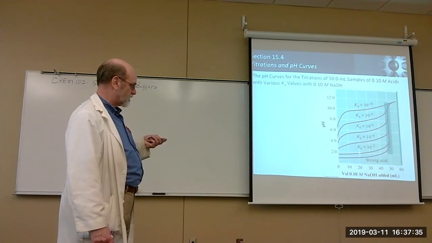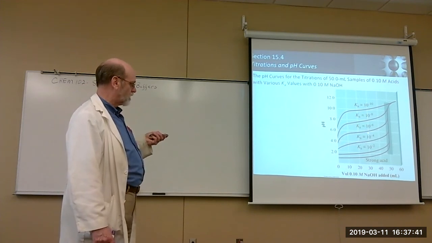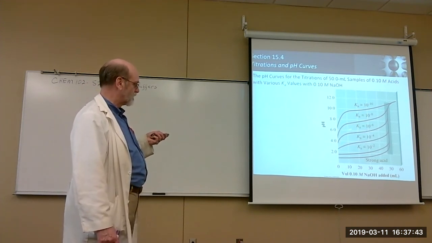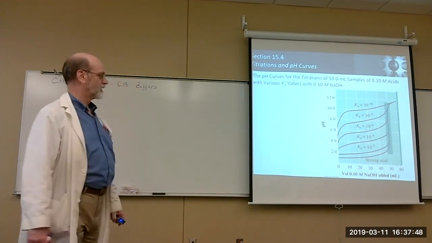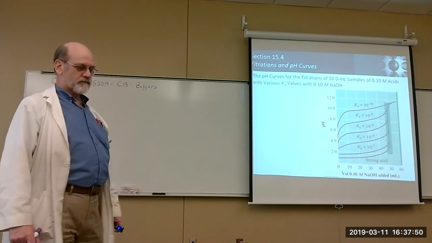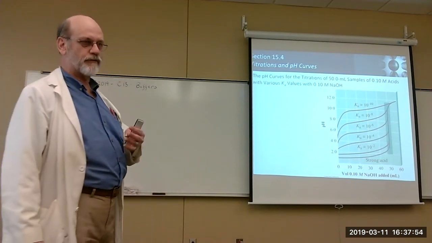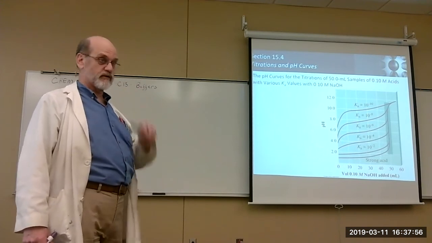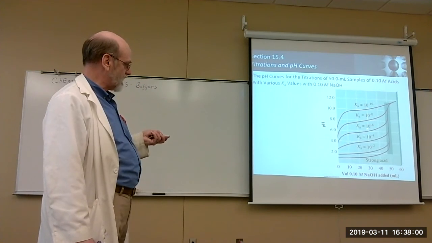So half equivalence point would be right here. Half equivalence point for this one would be 4, half of this one would be 6, half of this one would be 8, half of this one would be 10. So if you want a weak acid ideally suited for your buffer pH, you want to pick the correct Ka for that acid.